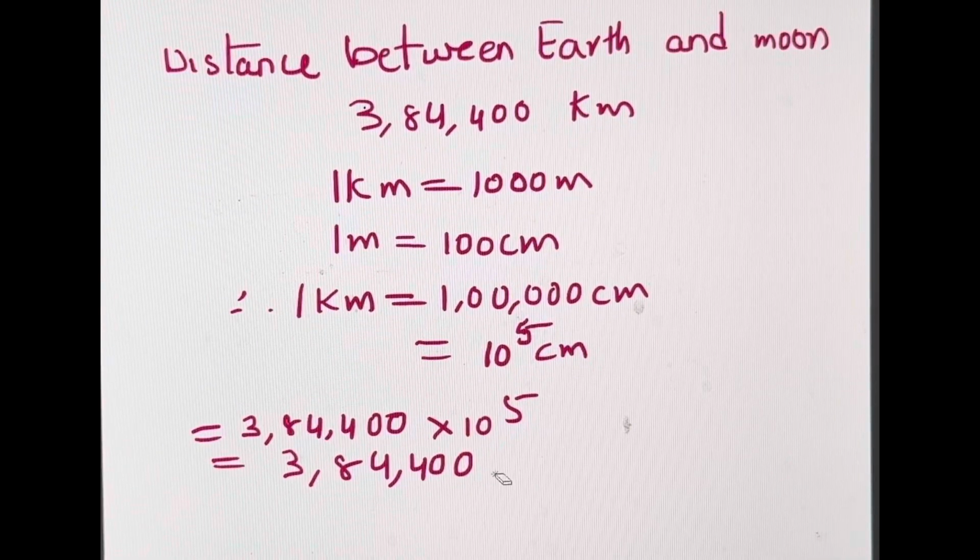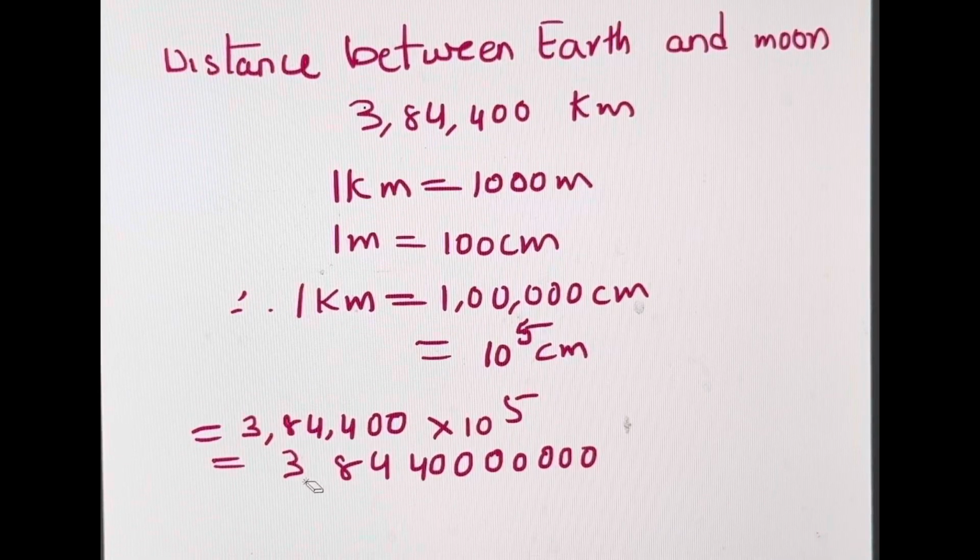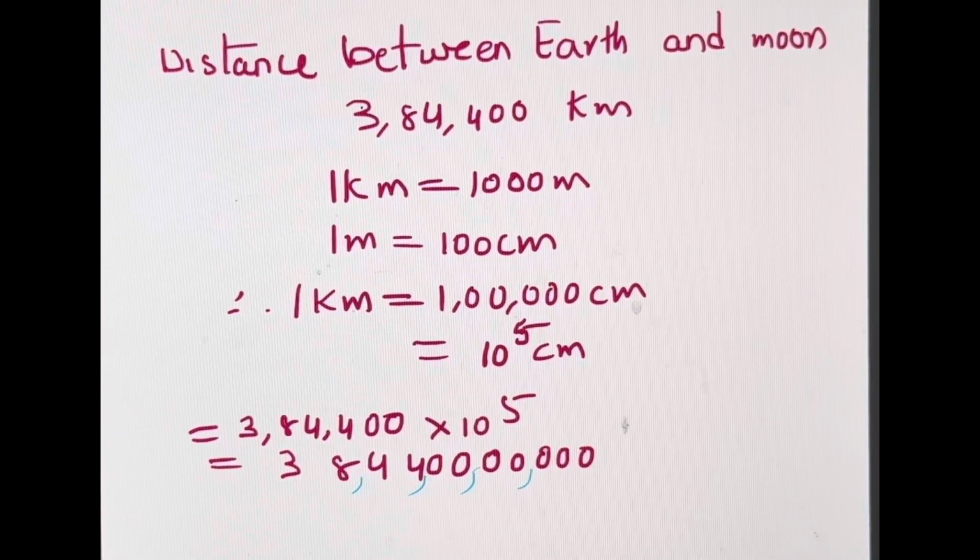So the commas will change accordingly: first 3 digits, then 2, then 2, then 2. Okay, so this is our number now, and this is in centimeters.